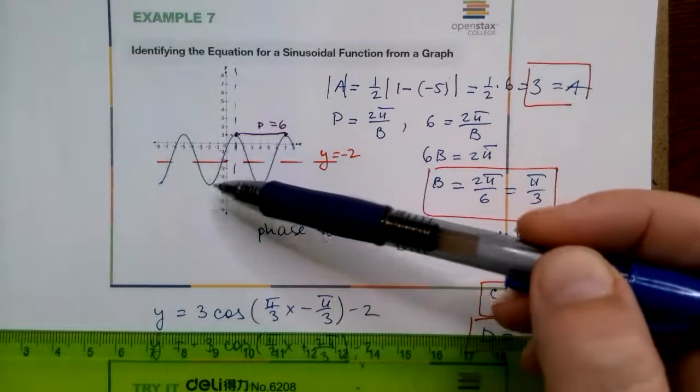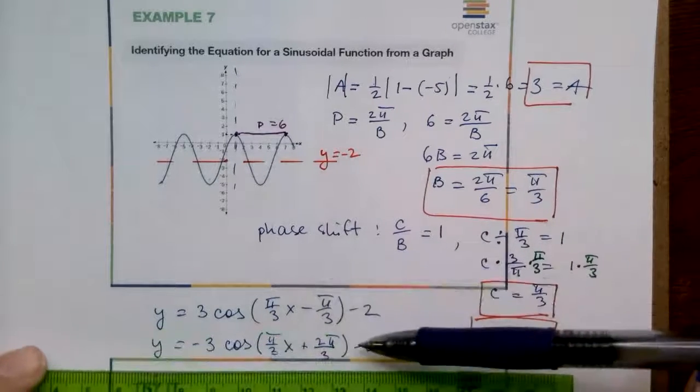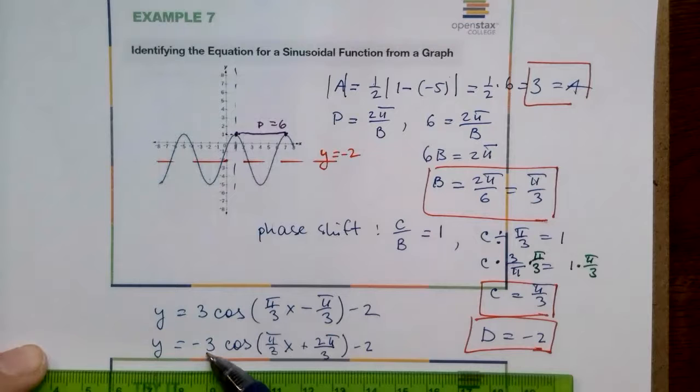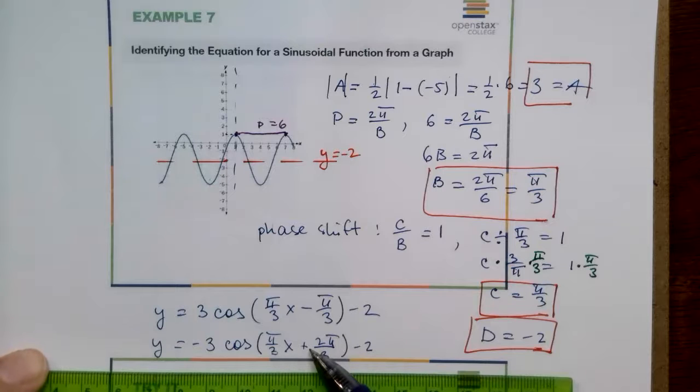Based on this assumption, your equation would look like this: -3 cosine pi over 3 x. So the period does not change. The shift changes, the plus 2 pi over 3. And both of these answers are correct. They're identical and will give identical graphs.